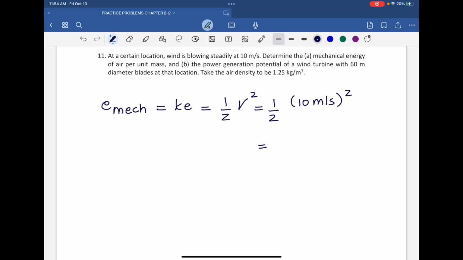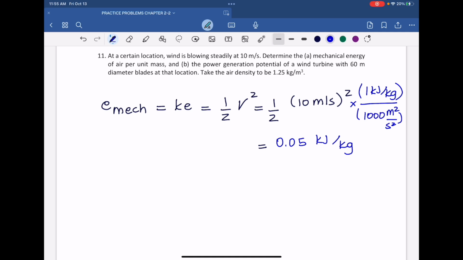of course remembering the unity conversion ratio always when we are dealing with kinetic and potential energies. And it gives us 0.05 kilojoule per kilogram.